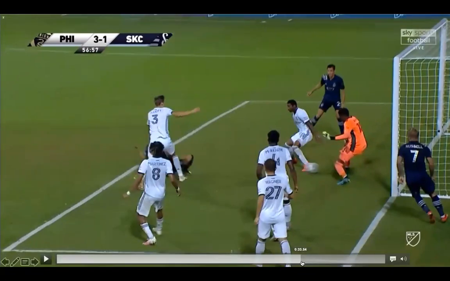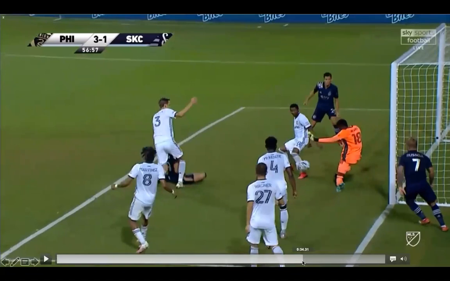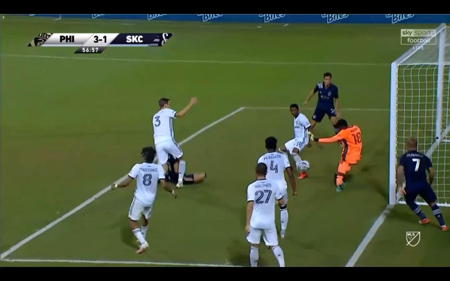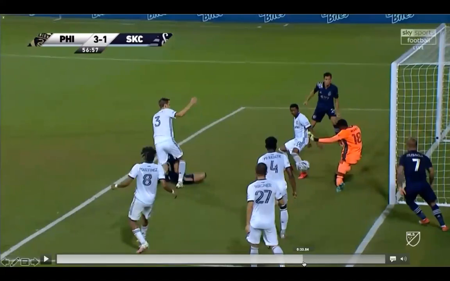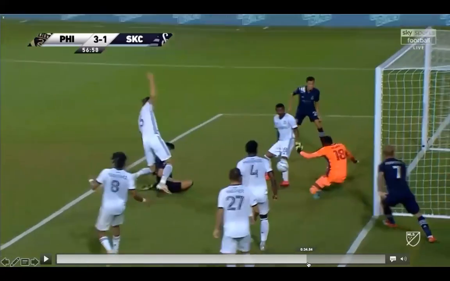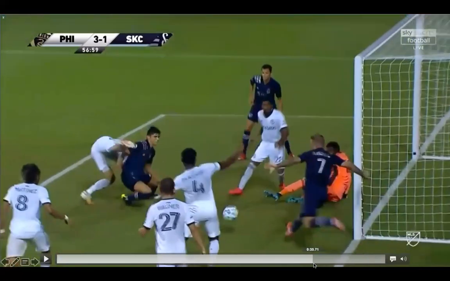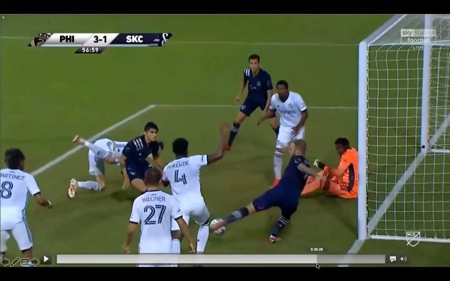We continue with this play, and now this ball actually ends up rebounding off his own teammate, the defender. So now we have a save, and now we have a rebound, and the ball ends up here.